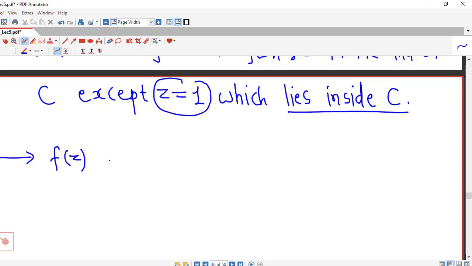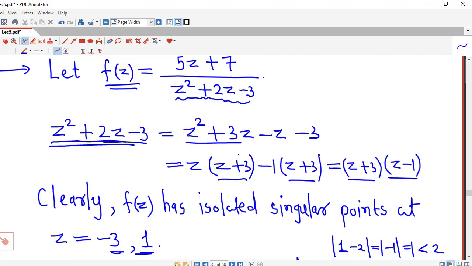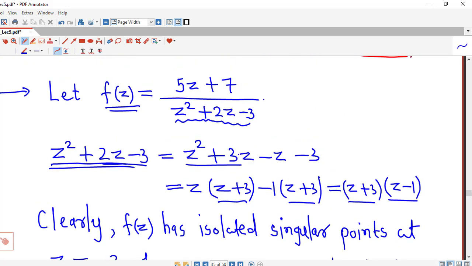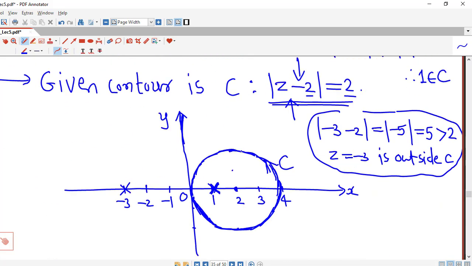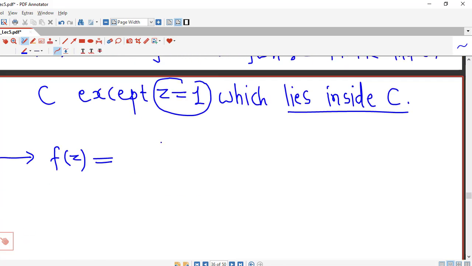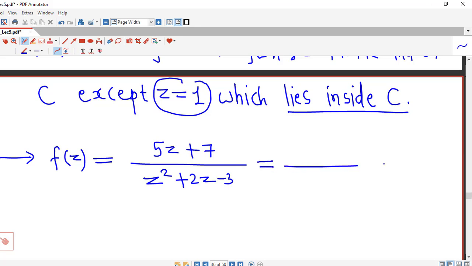Before that we first write our function in this form. Our function is 5z plus 7 over z square plus 2z minus 3, and this denominator is the product of two linear factors, z plus 3 and z minus 1.